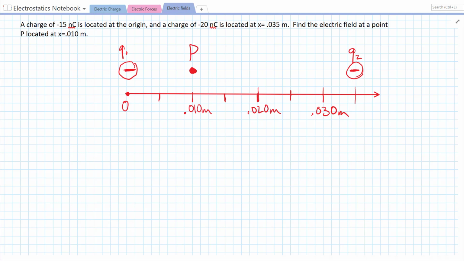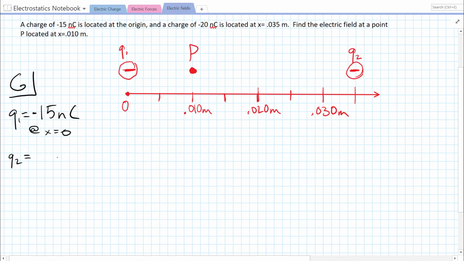So let's just start by listing our givens and unknowns. Our givens include Q1 is equal to minus 15 nanocoulombs, and the location of Q1 is x equals 0.